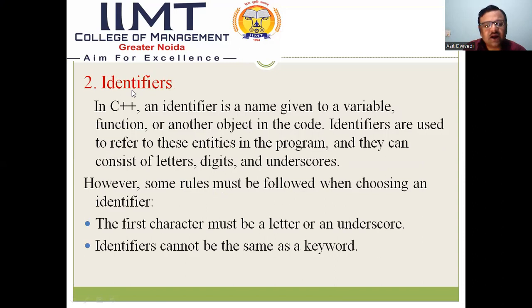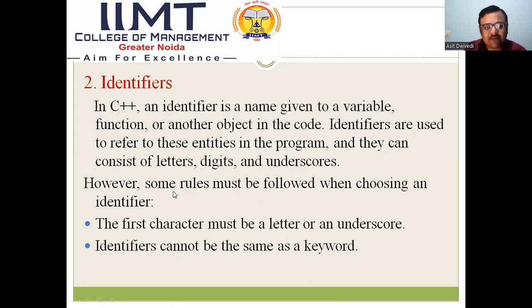Now, next one is identifiers. What are identifiers? In C++, an identifier is a name given to a variable, function, or another object in the code. Identifiers are used to refer to these entities in the program, and they can consist of letters, digits, and underscores.